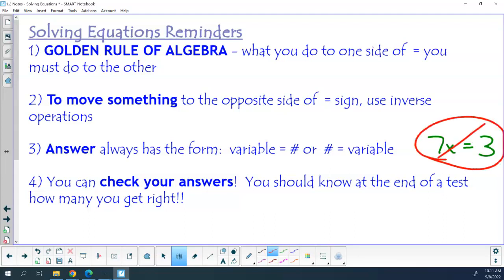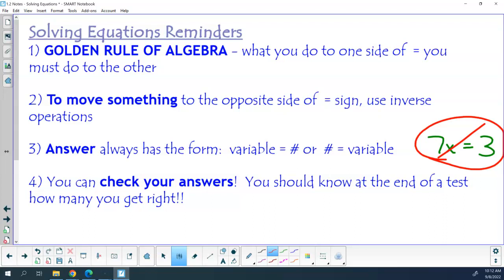Because we just want the singleton variable equal to a number. So we just want x, or whatever variable it is that we're choosing to solve for. Just so you know, there's only 25 variables to choose from, because we don't like i, because that means imaginary. And we'll get to those later on too.